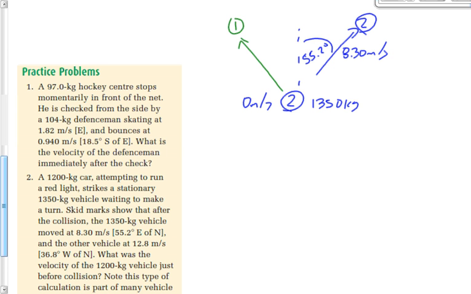This one's 36.8 degrees west of north, and its speed is 12.8 meters per second. All right, we don't know which way car number 1 is coming from, the 1,200 kilogram car. Anybody want to take a stab at it, a guess at it? Yeah. Coming from behind here. Now, is it coming straight from behind? Is it going straight north before the collision?